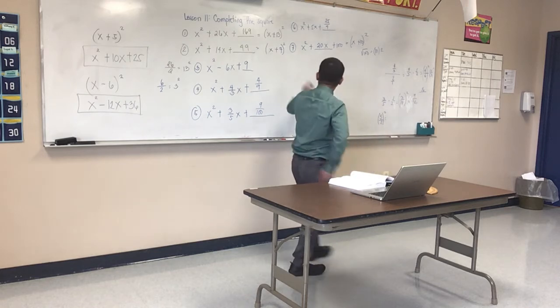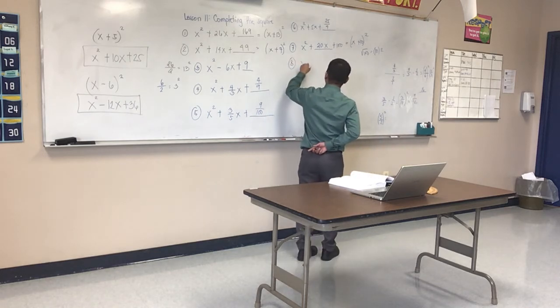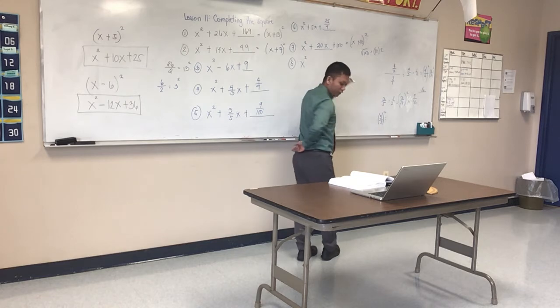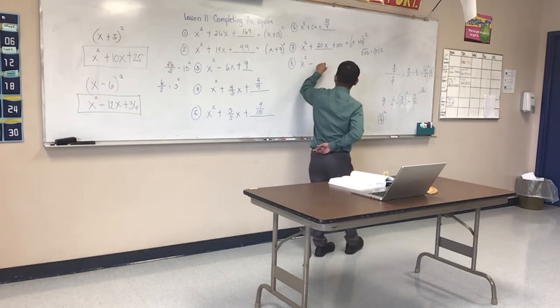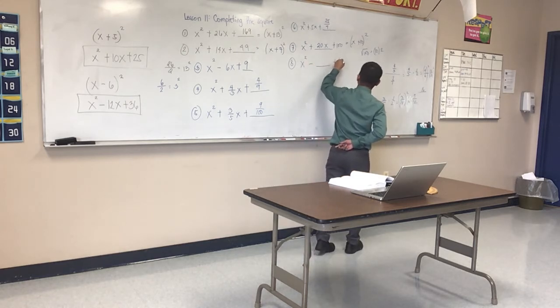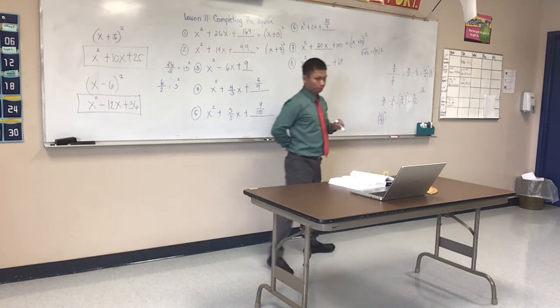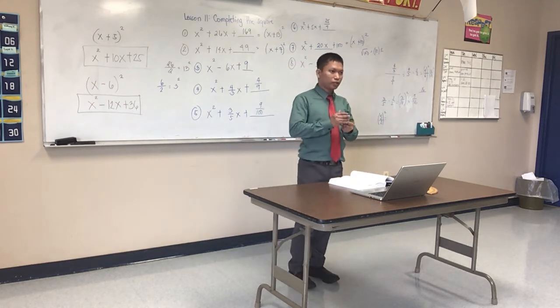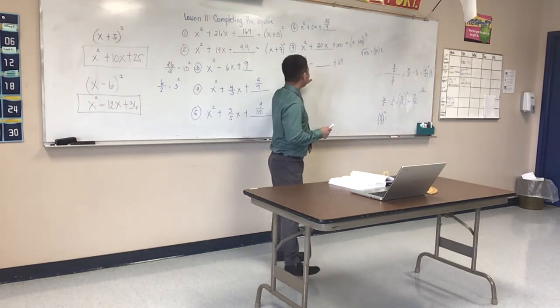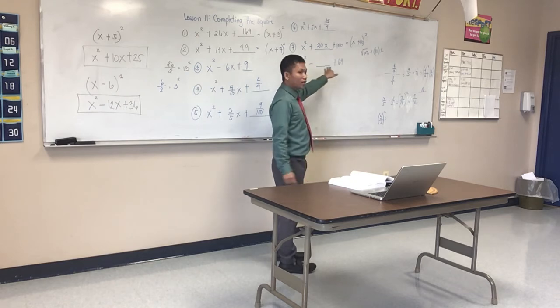Okay, how about this one? Christian. x squared minus, we have here the last term, 64. What would be our middle term? x squared, and our last term is 64.